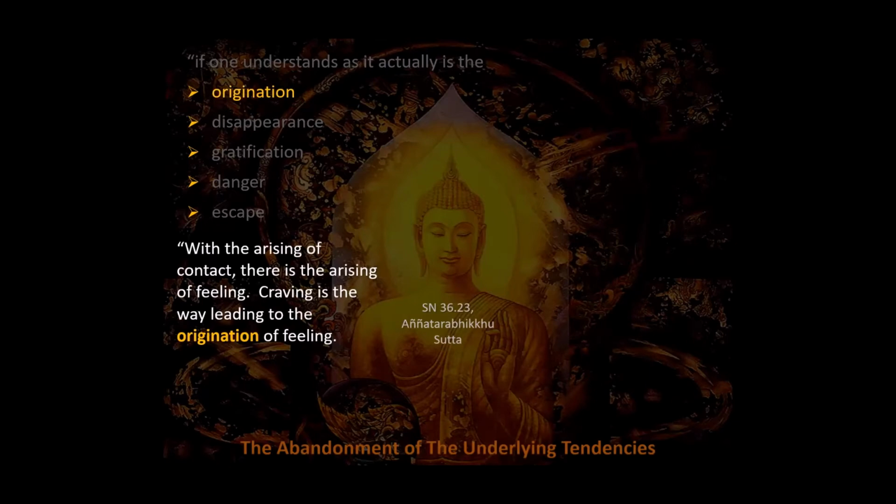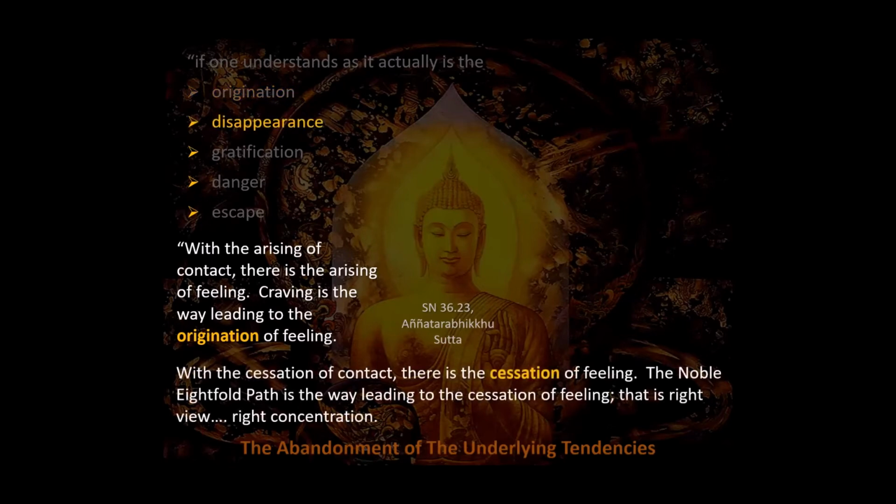With the arising of contact, there is the arising of feeling. Craving is the way leading to the origination of feeling. With the cessation of contact, there is the cessation of feeling. The Noble Eightfold Path is the way leading to the cessation of feeling, that is, right view, right concentration.